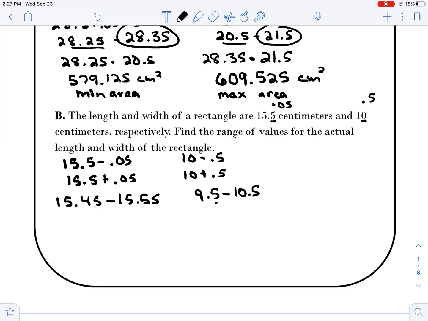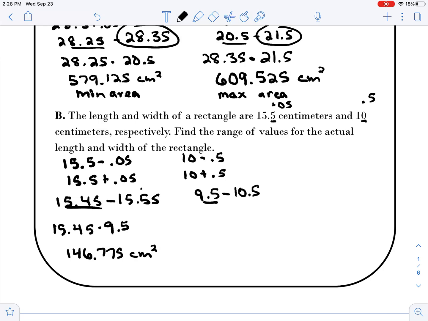Again, matching up our minimum, 15.45 times 9.5. We multiply those together, and when you do that, we get 146.775, and this would be in centimeters squared.